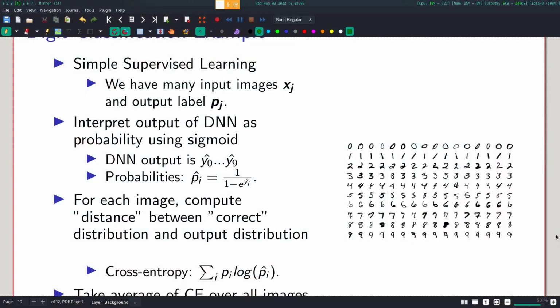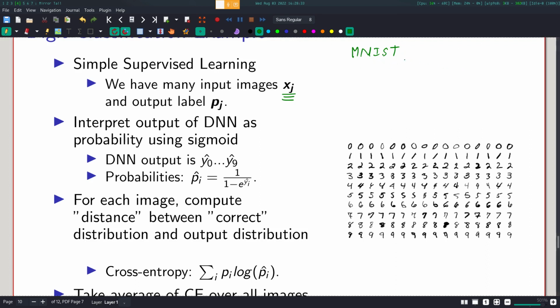Okay, sure. So again, in our digit recognition example, what do we have? We have many input images, some huge set of input images xj, so x0, x1, up to some huge number. There is a database called the MNIST database, which is basically a lot of, I think, undergrad students who were made to write a bunch of digits and then label what digits they are.